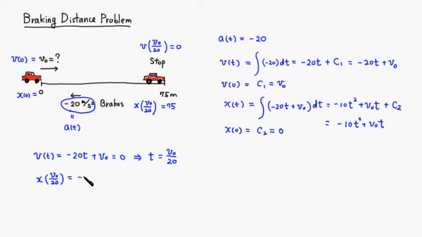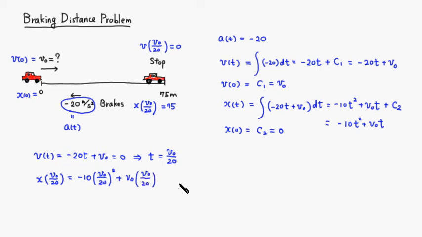So it's going to be negative 10 times v0 over 20 squared, plus v0 times v0 over 20.